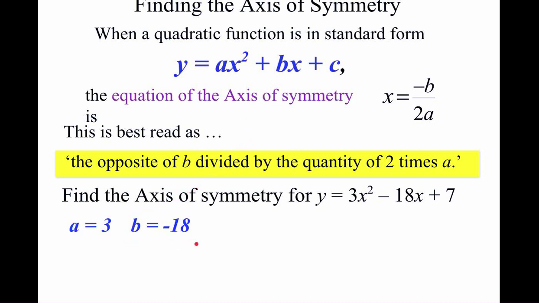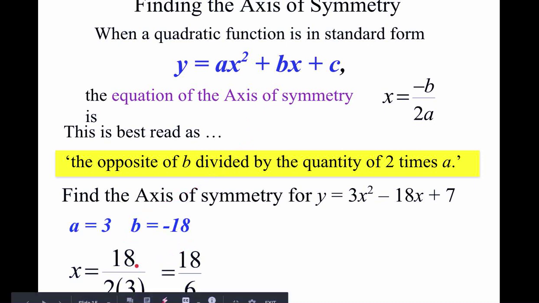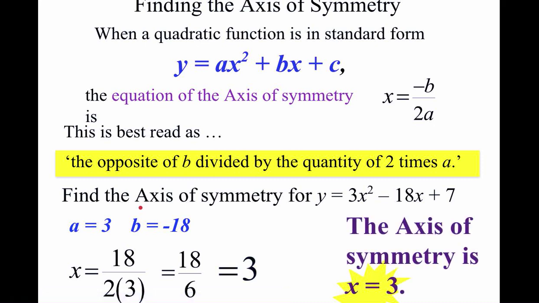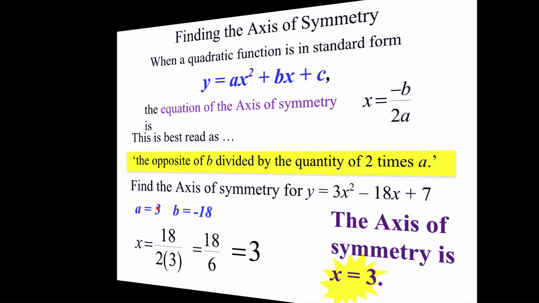So there's your a and negative 18, put that up there. A negative of negative 18 turns it positive. And then you have 2 times a, which is 3. And then you go ahead and reduce that, so your axis of symmetry is 3. So you're just plugging numbers in a formula. So AOS, axis of symmetry, x equals 3. Always your x value.